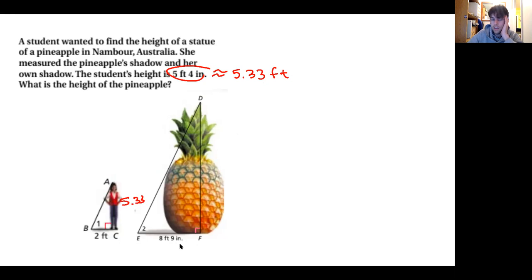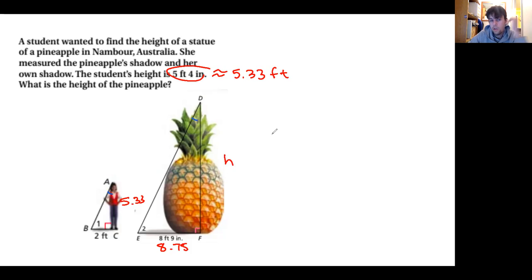Another thing, the shadow of the pineapple was again measured in feet and inches, so this one works out. I don't have to do any rounding. That's exactly 8.75 feet. And the thing we're missing here is the height of the pineapple. We'll call it h. Fortunately, we remember that we have similar triangles here. We have the right angles, and then we have that angle created by the sunshine as well.